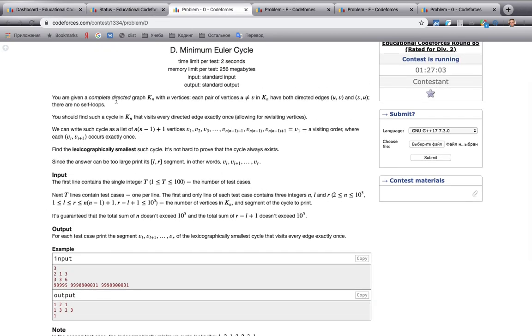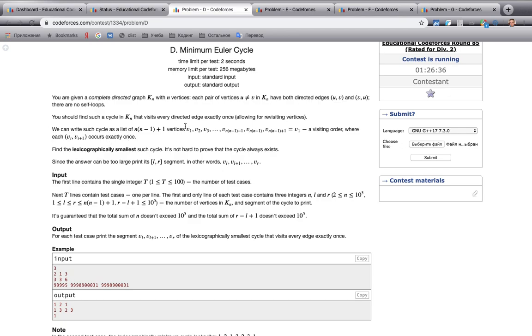In problem D, we have a complete directed graph on n vertices. So we don't have loops, but for every different u and v, we have directed edges uv and vu. We have to find a cycle that visits every edge exactly once.